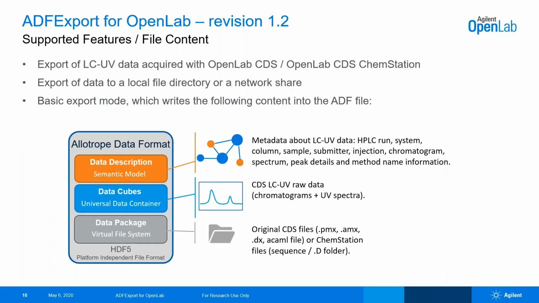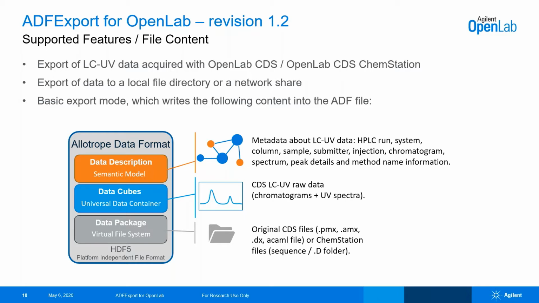As we just have seen, the Allotrope data format consists of 3 main data containers. So we have the data description, the semantic model, and here we now store metadata, for example, about the HPLC system, including the column information. We have information about the sample, who submitted the sample, and results like details.